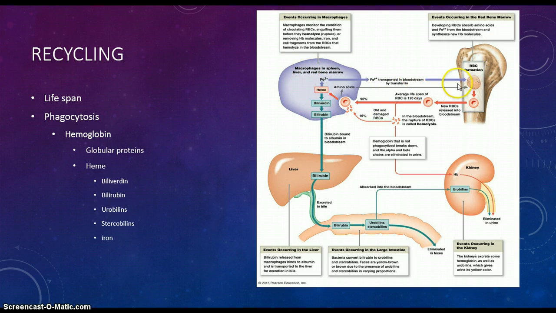Now, bilirubin is going to be transported to the liver, and it is excreted in bile. Then it undergoes chemical processes in the digestive tract into urobilins, which then will be absorbed and taken to the kidneys and eliminated there in the urine, or stercobilins, which will be eliminated in the feces. Both of those have a brown color.